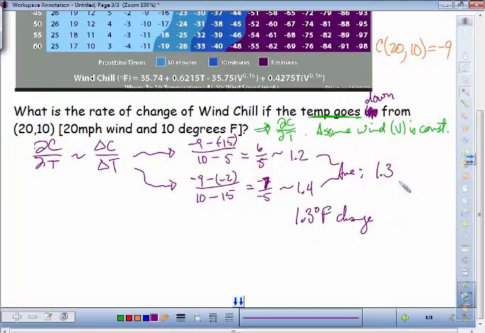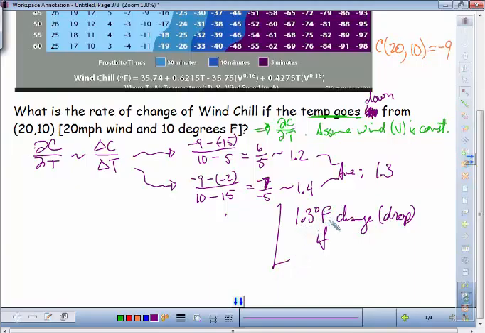And if the temperature goes up, I guess we can say if it goes down, since I crossed it out and put down. So this is a temperature drop. Oh, that's a wind chill factor drop. So the wind chill, let me say that again.